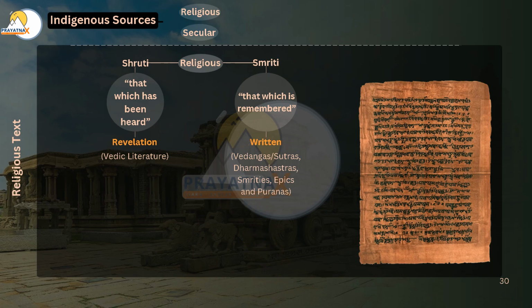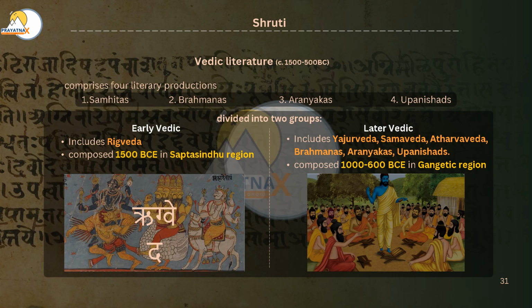Now, as I already mentioned, Shruti includes the Vedic literature. So, it basically comprises of 4 literary productions which I already said, includes Samhita, the Brahmanas, Aranyakas, and Upanishads. Now, it is the actual Veda.